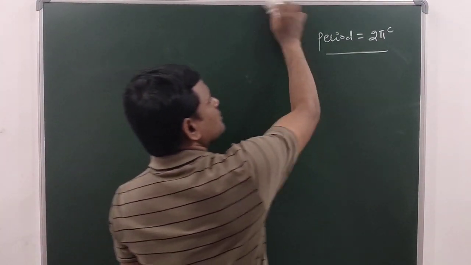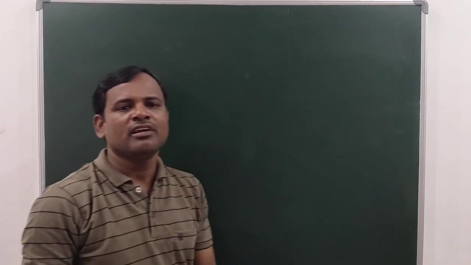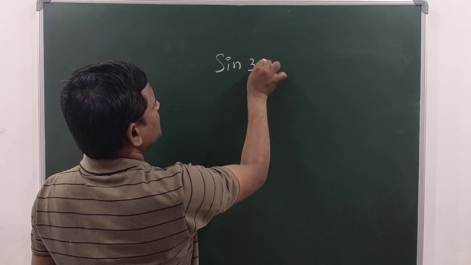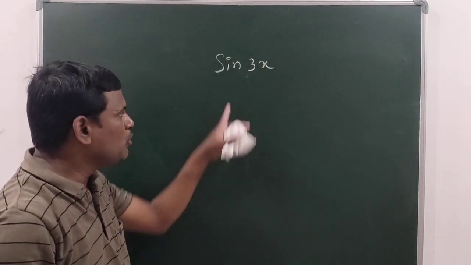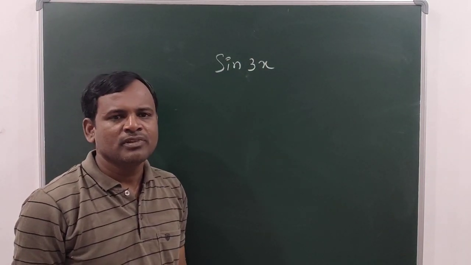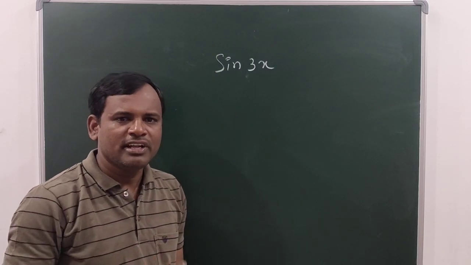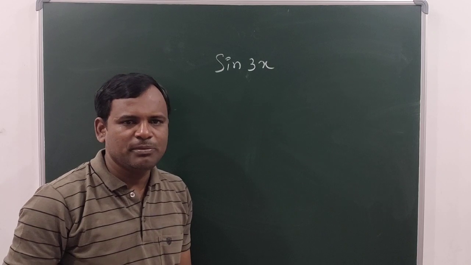Hence we have some procedure to identify the periods of such functions. Suppose I give you sin of 3x. Now how do you find its period? For the sine function graph, we observed its graph in its domain, and that graph was repeated.